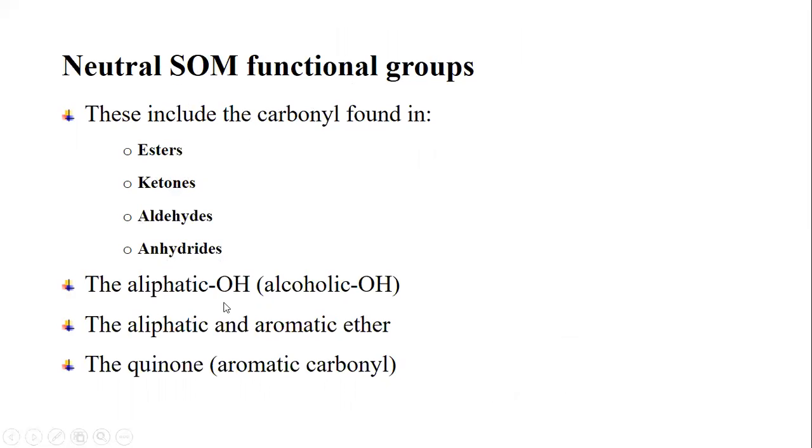Then we have the aliphatic OH. Aliphatic means chain. So this is the alcoholic OH, like CH2OH, CH3OH. The aliphatic and aromatic ether. You can look back on the sheets we just saw with the structures to see the ether and the carbonyls. The quinone, which is the aromatic carbonyl.